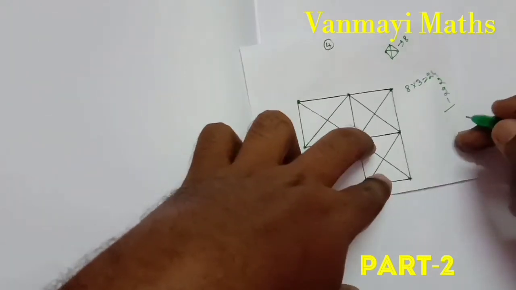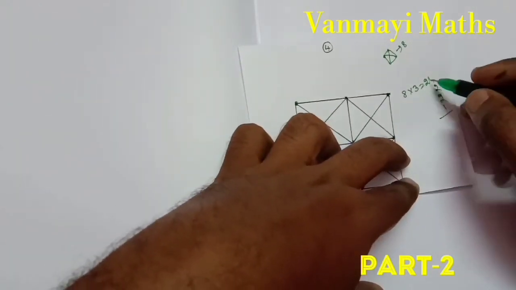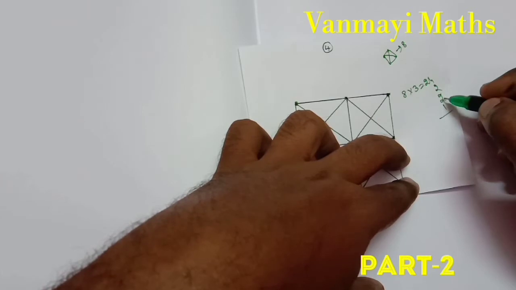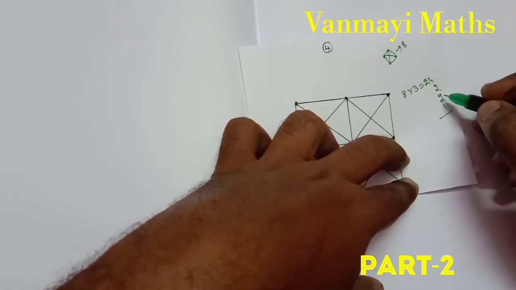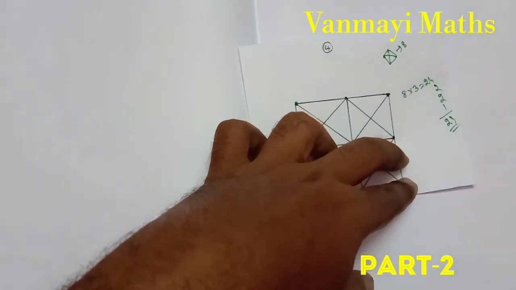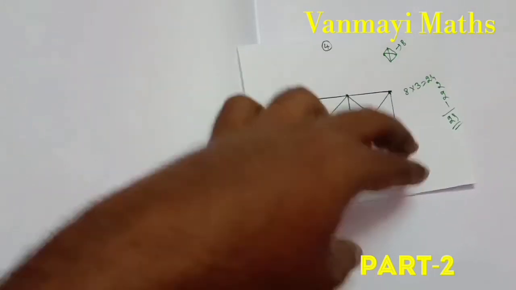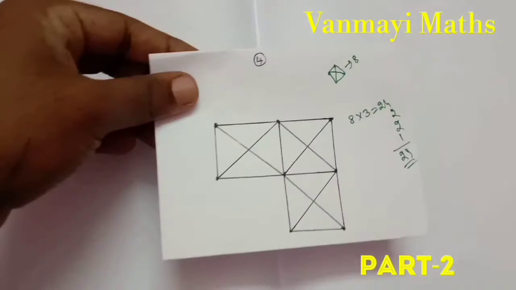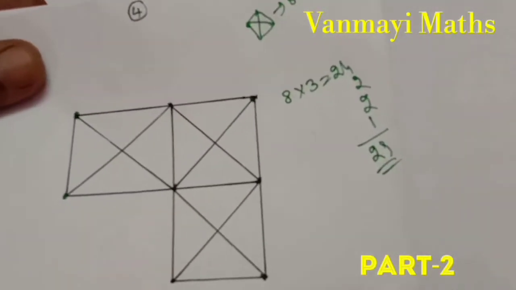So total 24, 26, 28, 29. So total 29 triangles are there if the given figure is like this. So we can easily find. So this is 29.